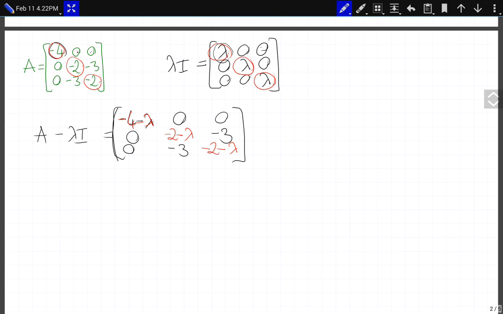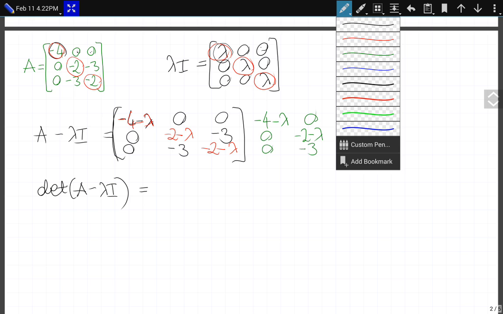Now we need to find the determinant of it. So the determinant of A minus lambda I equals, we can rewrite the first two columns on the right hand side. That will help us with finding the determinant. It's here 0, minus 2 minus lambda, then 0 and minus 3.